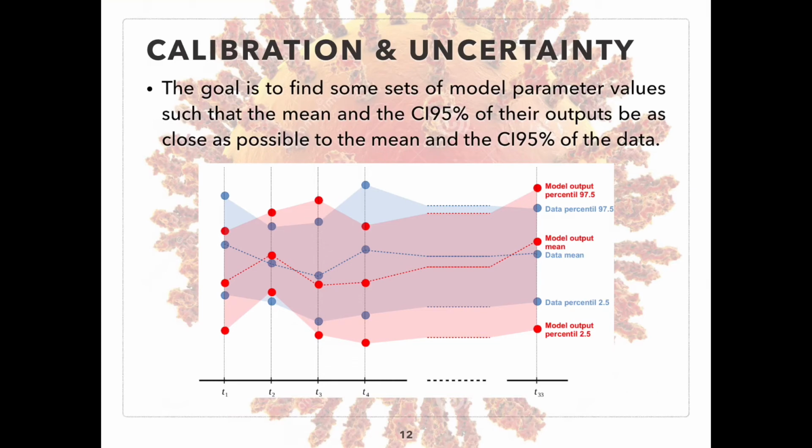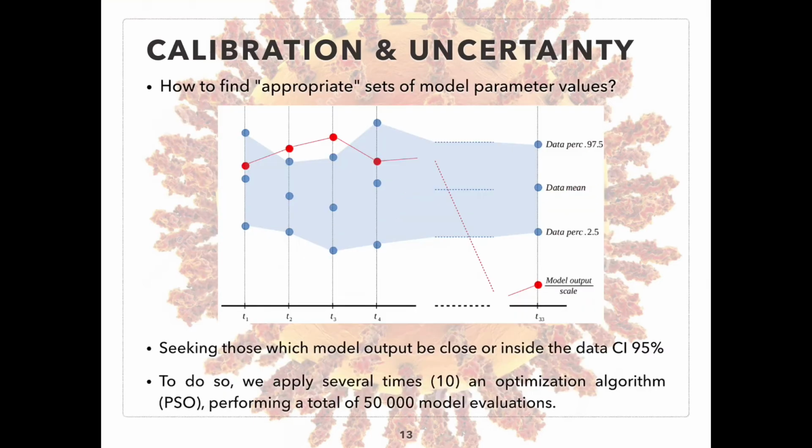In the figure, this means that the blue band corresponding to the confidence interval of the data should be as similar as possible to the red band related with the confidence interval of the model output. To do so, we have to find appropriate sets of model parameter values.